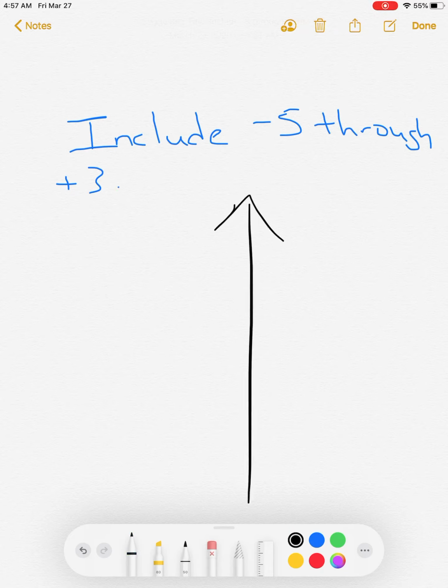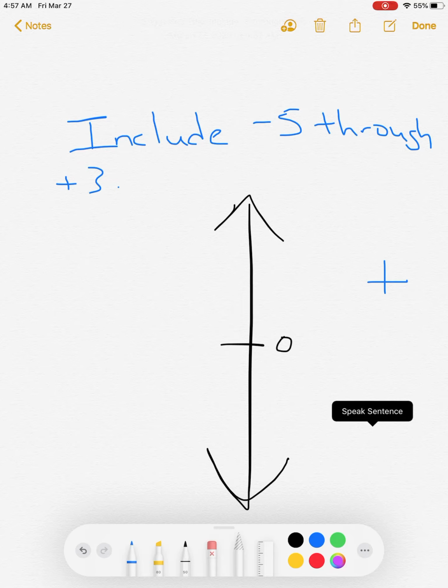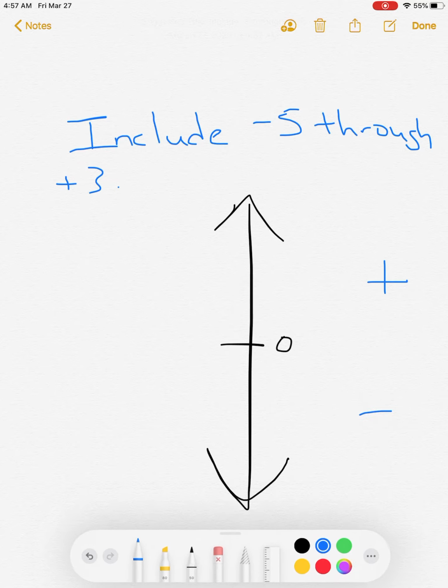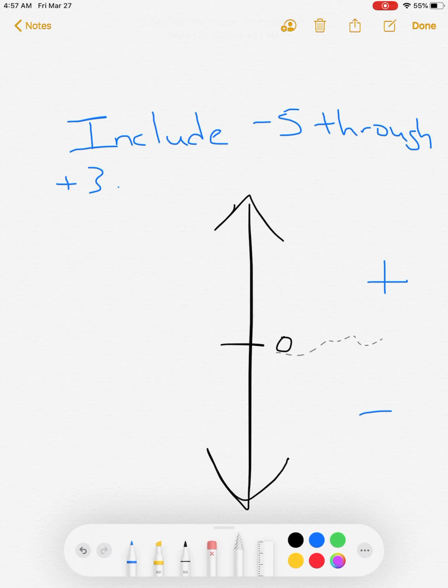This time I'm going to do a north-south number line, up and down, okay? So I'm going to put my origin here, 0, and you do the same. Now we know that positive numbers go above sea level, above the 0, above the origin, and negative numbers go below sea level, below the origin, below the 0, right?